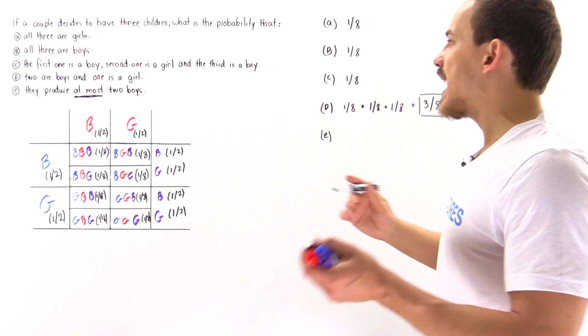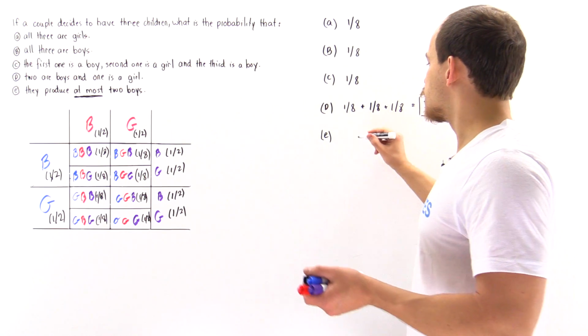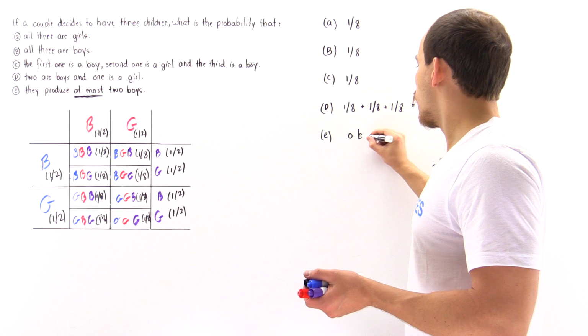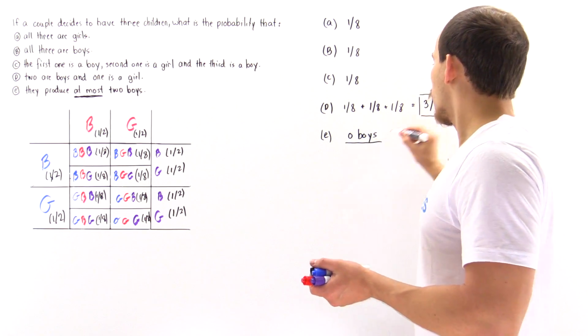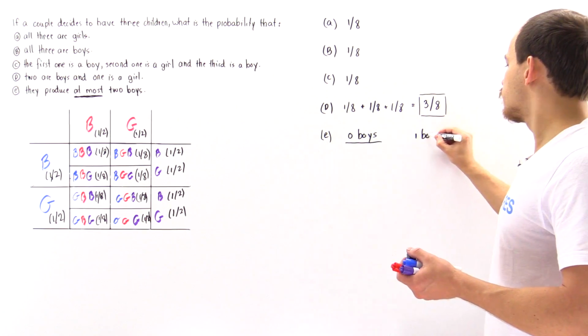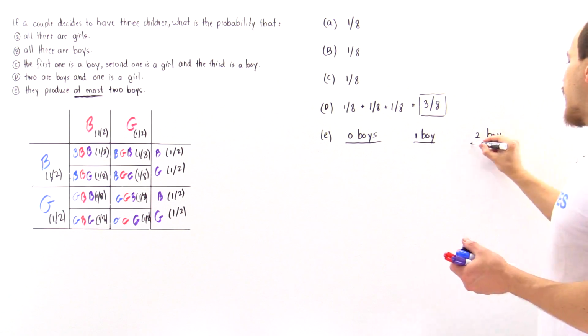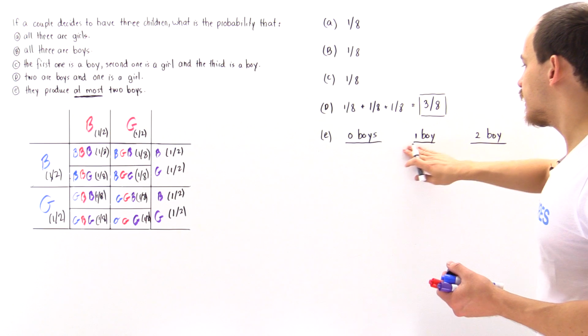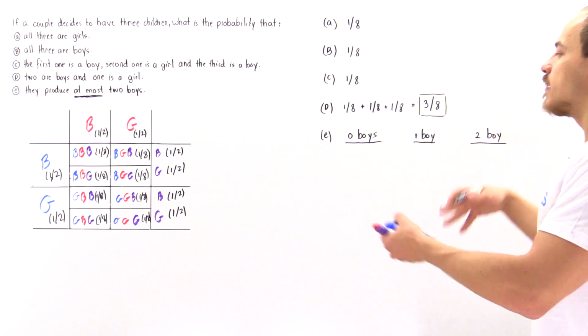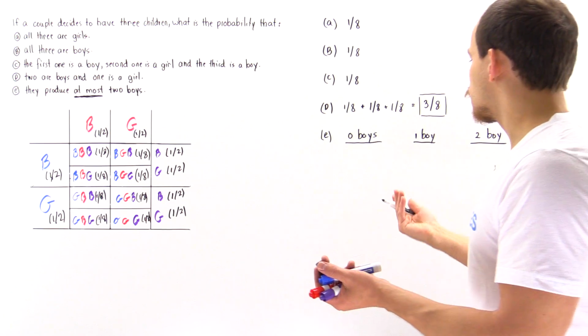So basically we have to look at 3 individual cases: when we have 0 boys, when we have 1 boy, and when we have 2 boys, okay? And then we find the probabilities of these events and we sum them up because they're mutually exclusive.